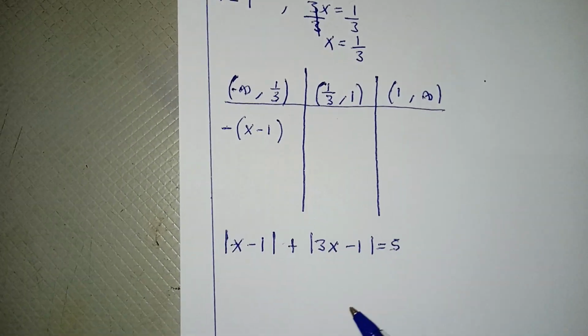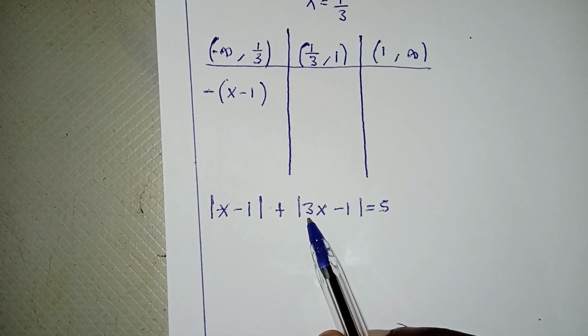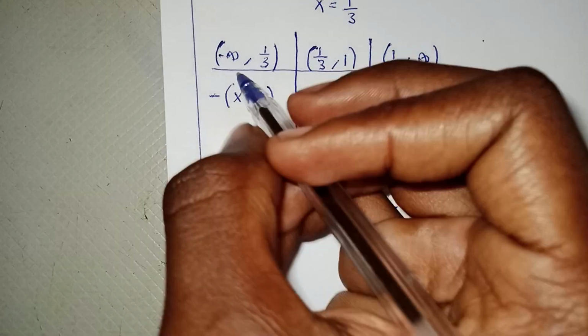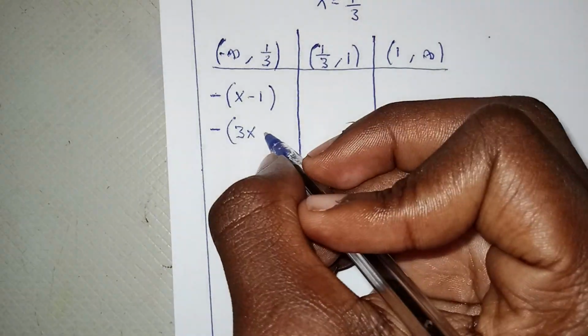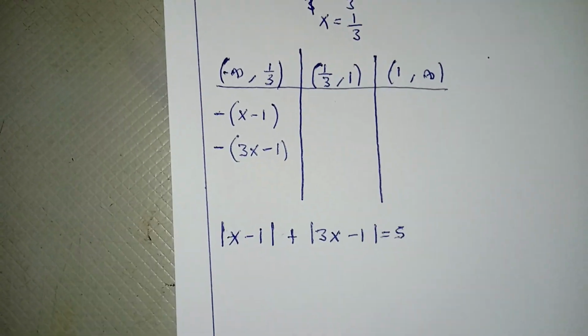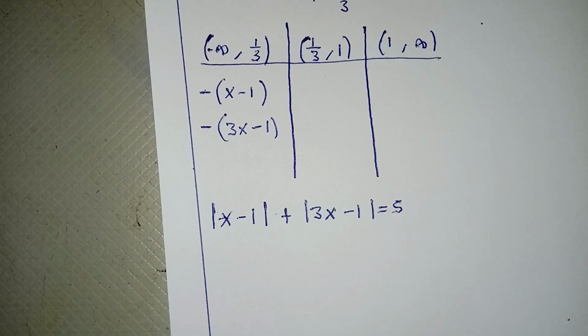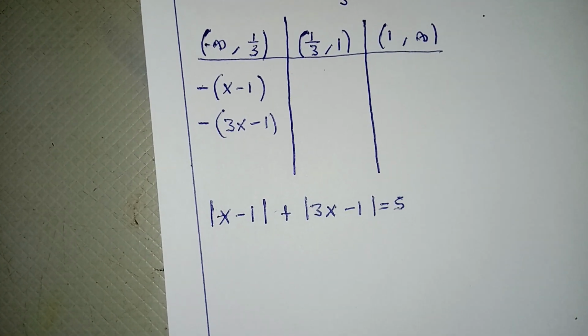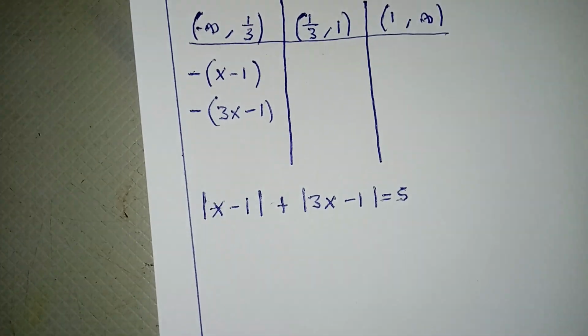Then, since you've proved that if you put a number that is between negative infinity and 1 over 3, even this will be negative, you also put this in a negative form like this. Okay, you get to the second one. If you are to get a number that is just less than 1, you get 0. What happens?